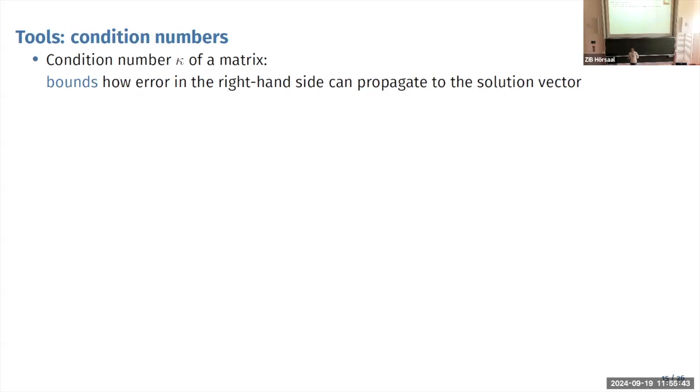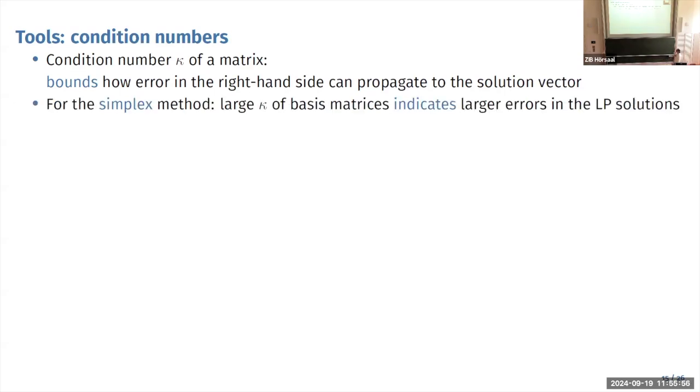So it's nothing that you have actually made in your input data, but that's something that the LP solver will just produce by computing with floating point arithmetic. So for the simplex method, you can simply analyze this condition number. A large condition number of a basis matrix indicates that there are larger errors possible in the LP solution. Again, it may all be fine, but you should be careful.